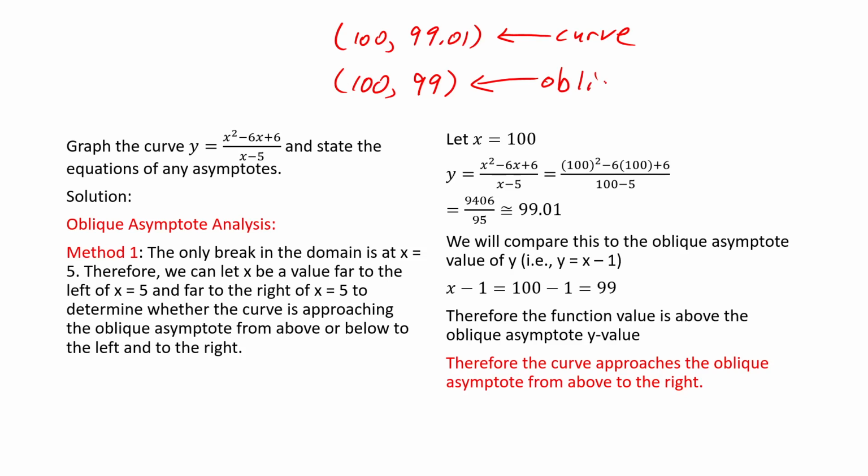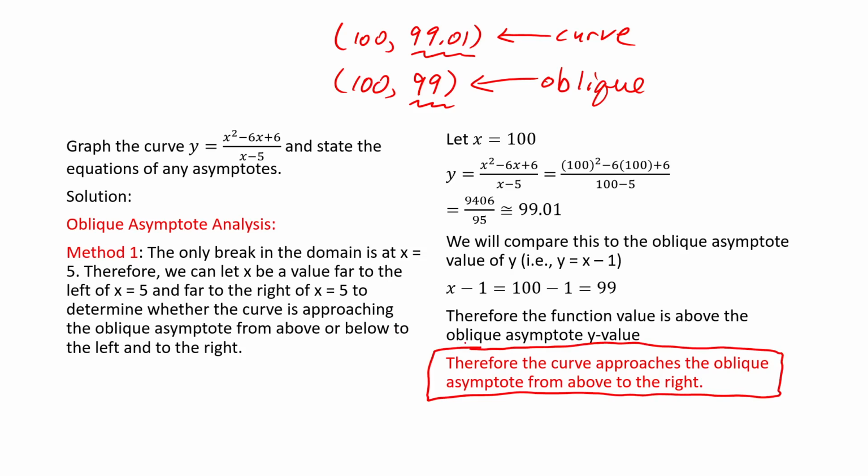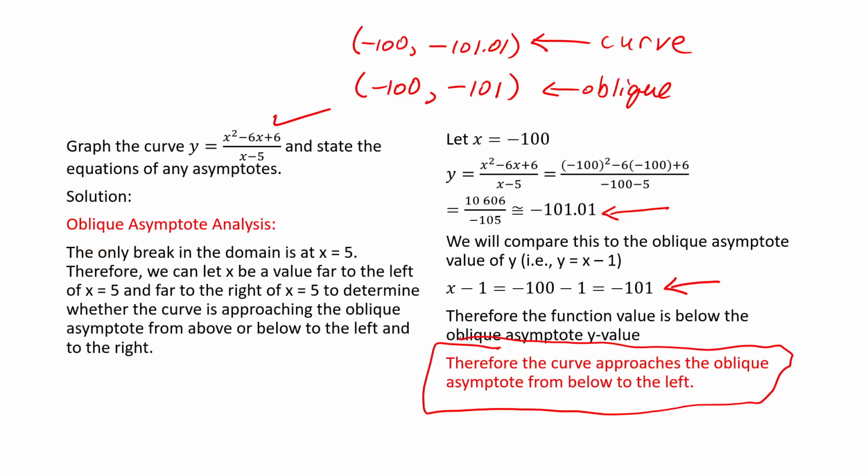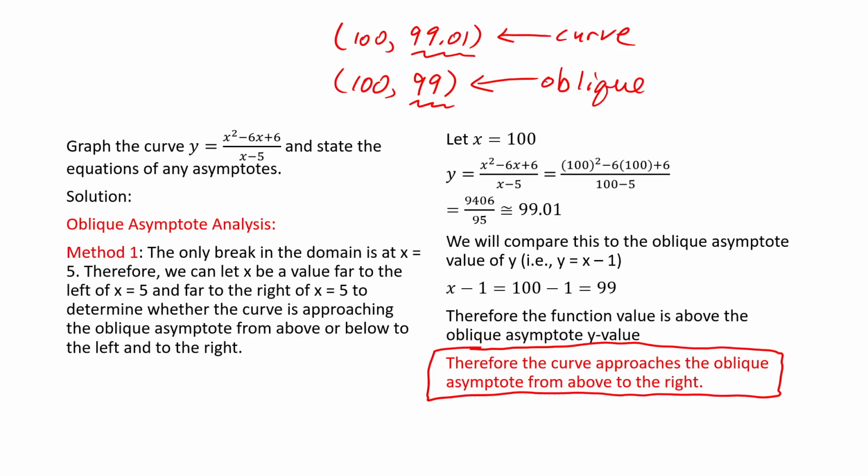Well, what that tells me is that the curve, when we're to the far right, has a y value slightly greater than the oblique asymptote's y value. That tells me that the curve is approaching the oblique asymptote from above to the right. Okay, so it was approaching from below to the left and above to the right.